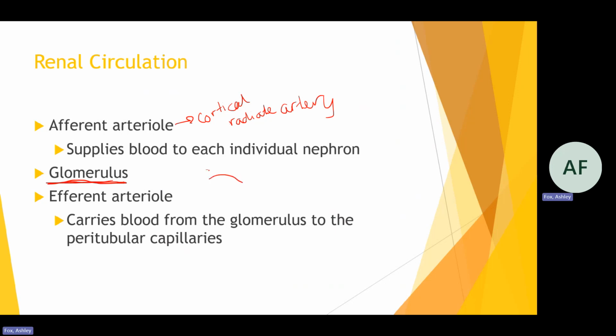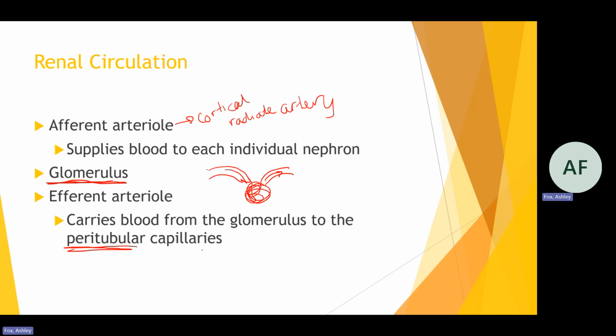So we have an afferent arteriole that leads to the glomerulus, and then we're going to have an efferent arteriole, which is the exit. So you have an entrance and an exit for one-way blood supply. So blood's going to go from the glomerulus. Everything's filtered out. And it's going to go to the capillaries, and they're peritubular capillaries.